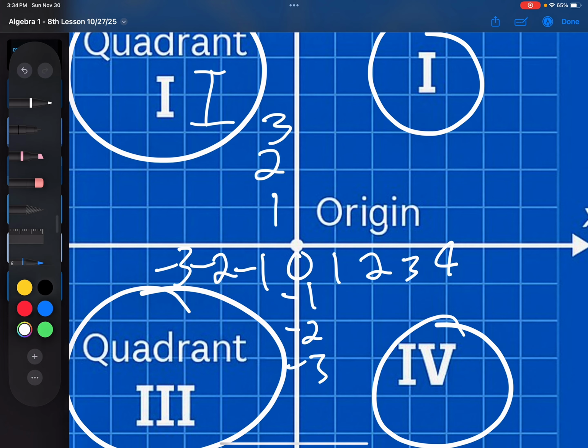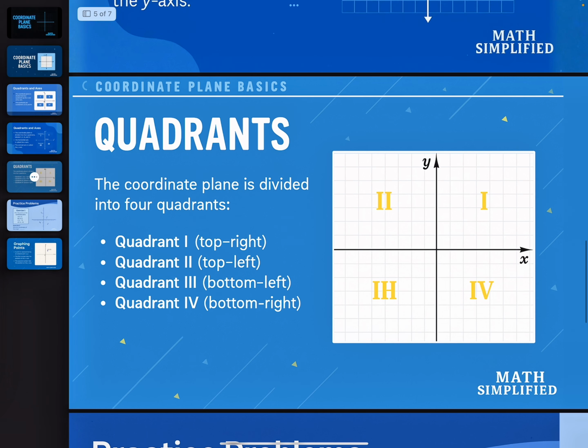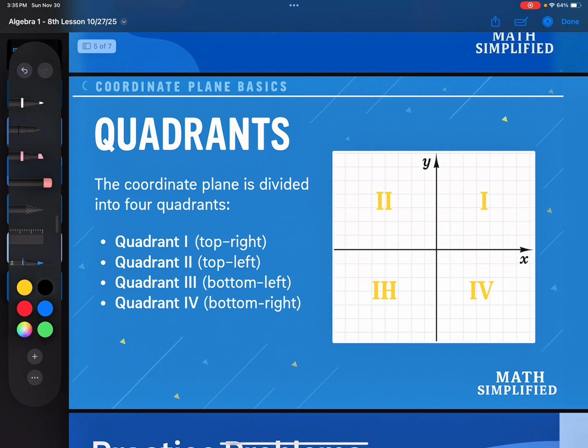This is where everything starts and how everything moves right, left, up and down. That's why it's essential to know the origin is at 0, 0.